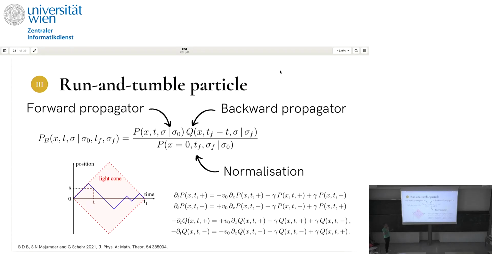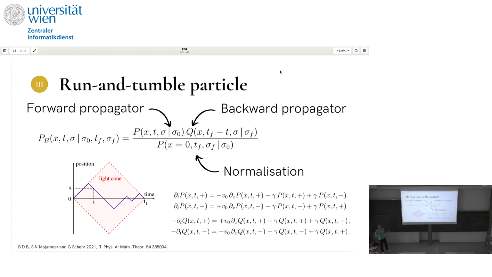However, because this is a non-Markovian process in the x-t space, you need to extend it to the x-t-sigma space. So you need to account also for the current velocity of the process. What you ask in addition is that it must have some velocity sigma v0 at this position.